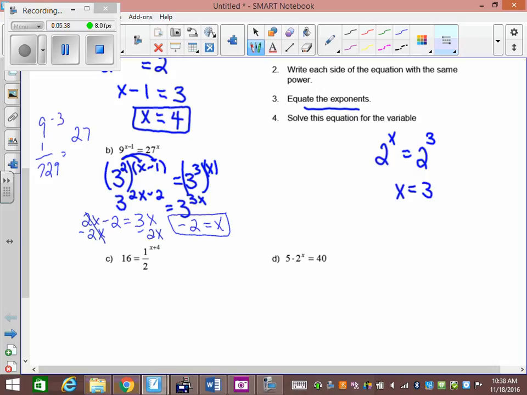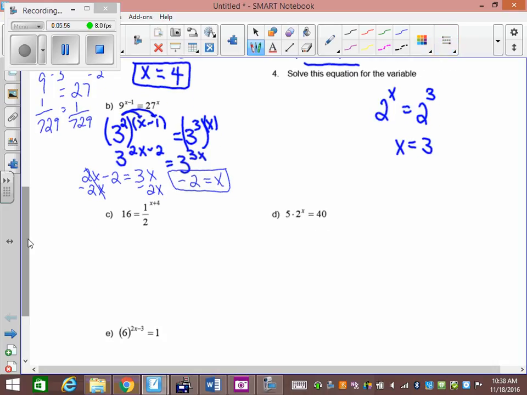And 27 to the negative 2, because I'm just filling it in for x, should be the same. So you know you're right. And you should always know if you're right when you're walking away from these questions.